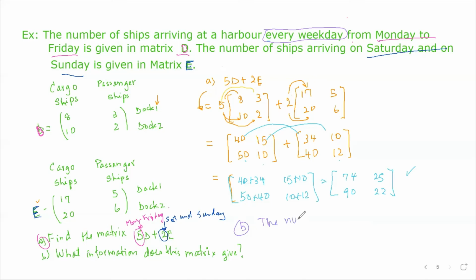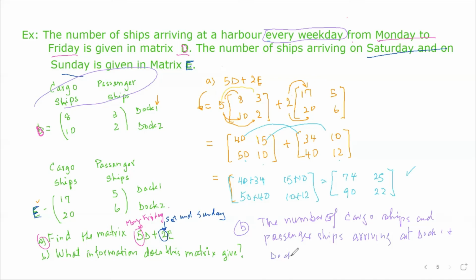You can write down, okay, the number of cargo ships and passenger ships arriving at port 1 and 2 in a week. Okay, that's the answer for question B.